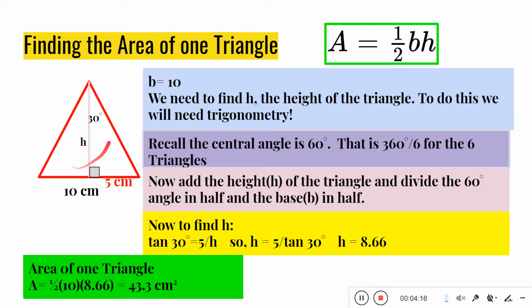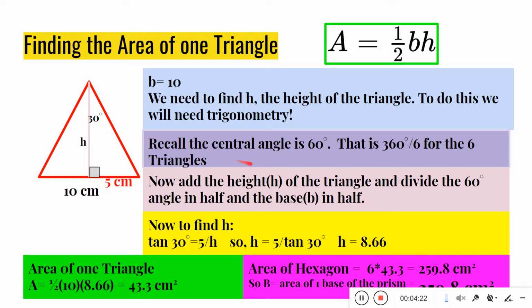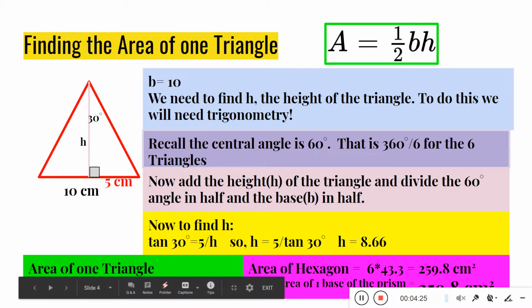So the area of this one triangle is 43.3 square centimeters. Now remember, we have to multiply that area by 6, because there are 6 triangles. So that gives me a base area B of 259.8 square centimeters.